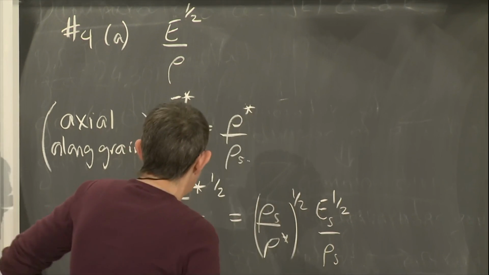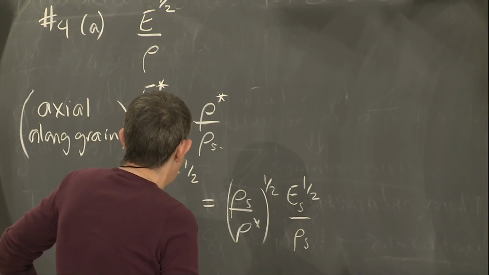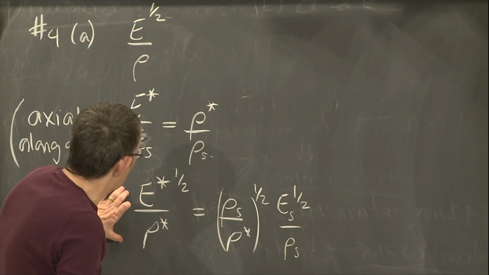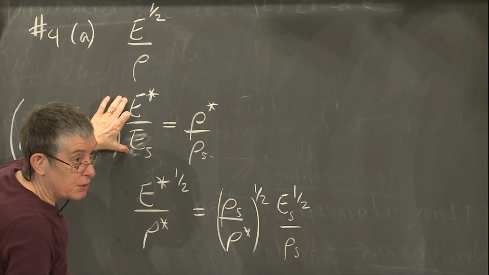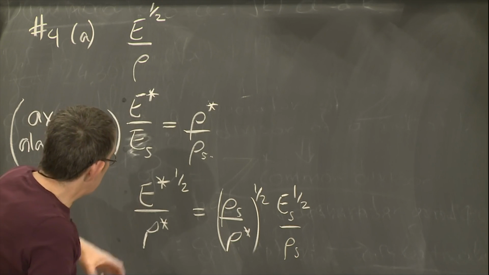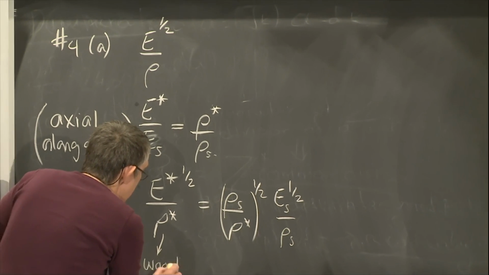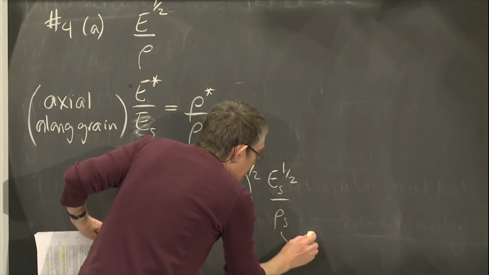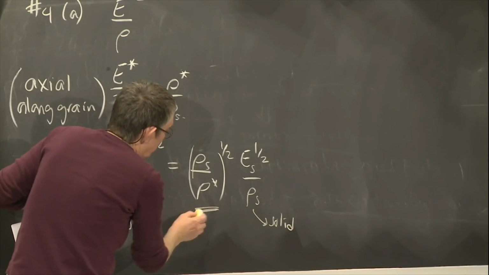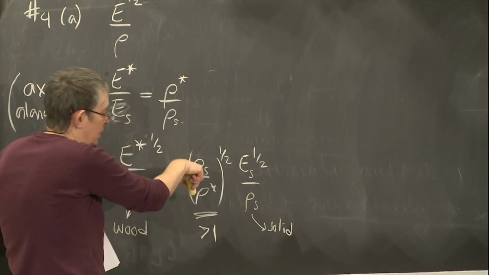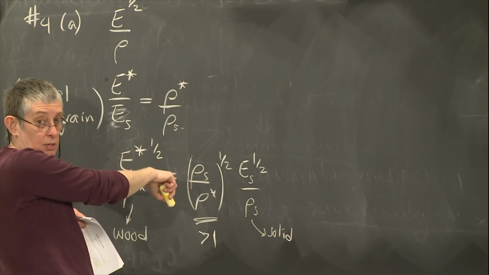So this equation here is exactly the same as that equation there, right? This is the performance index for the wood, and this is the performance index for the solid. And this factor here is bigger than 1 because the solid density is higher than the wood density.